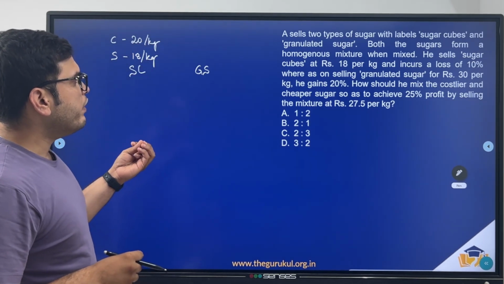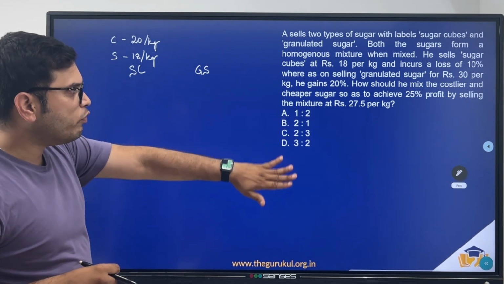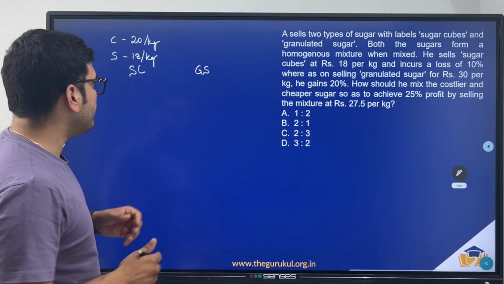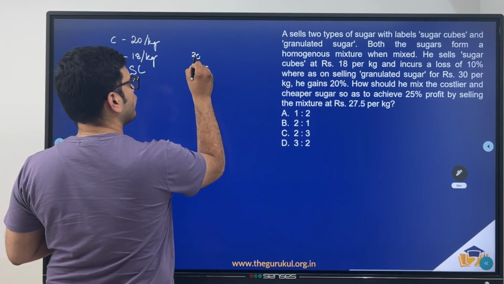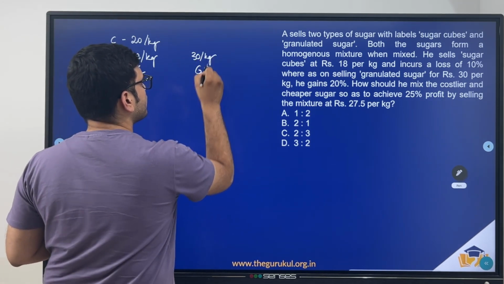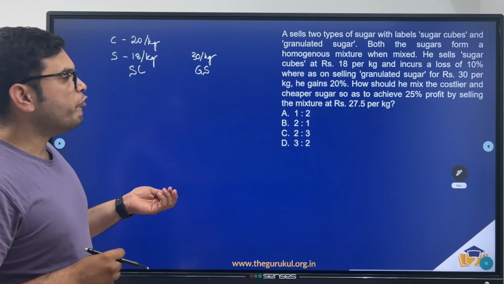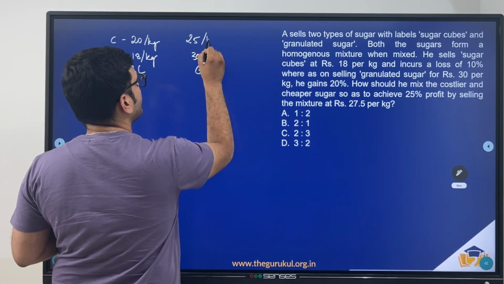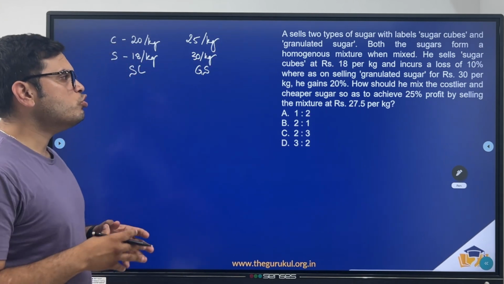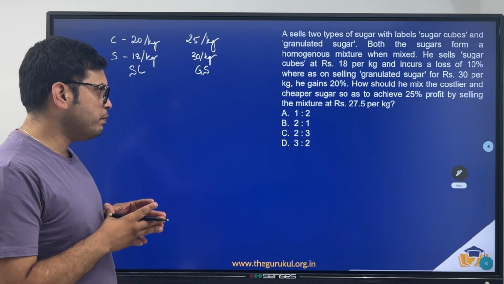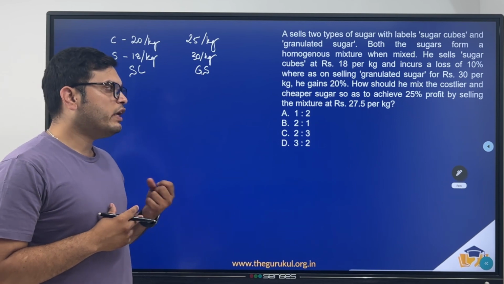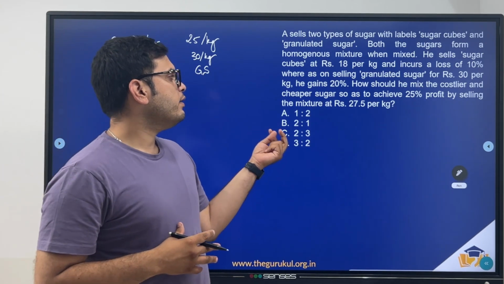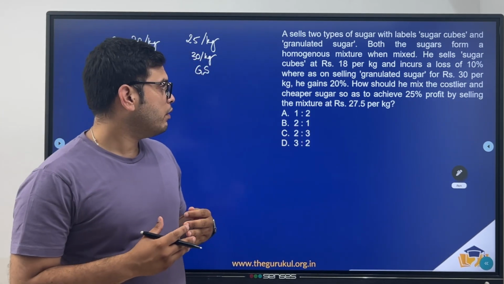And similarly, on selling granulated sugar for rupees 30 per kg, at a profit of 20%, the cost price would be 25 rupees per kg. How should he mix the costlier and the cheaper sugar so as to achieve 25% profit by selling the mixture at 27.5 per kg?